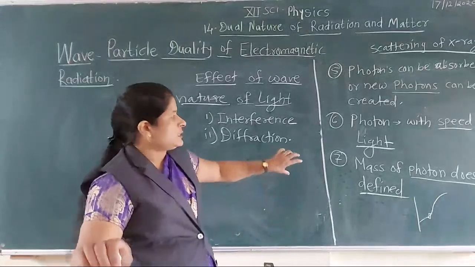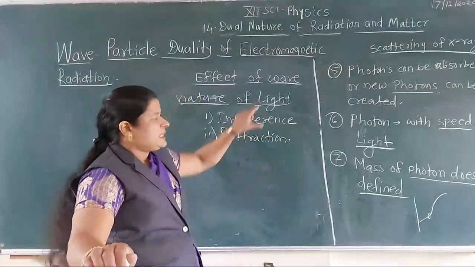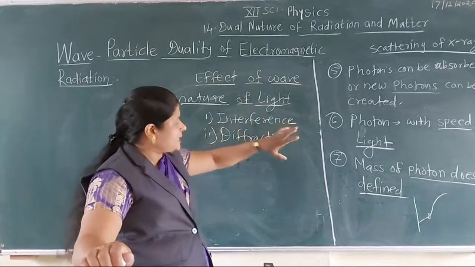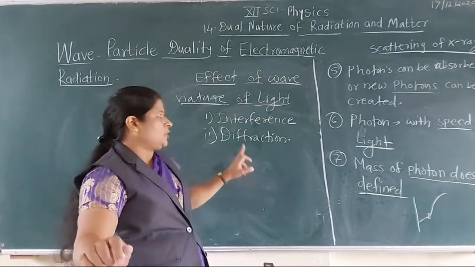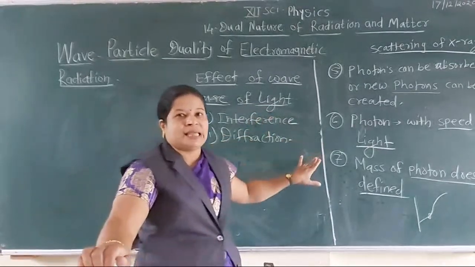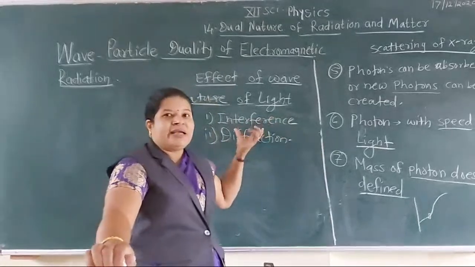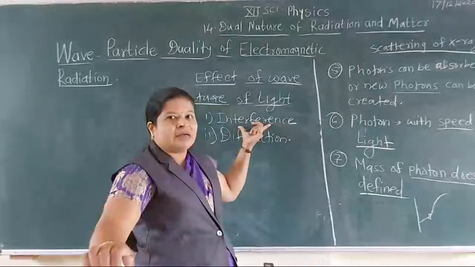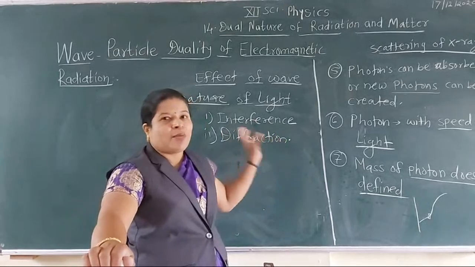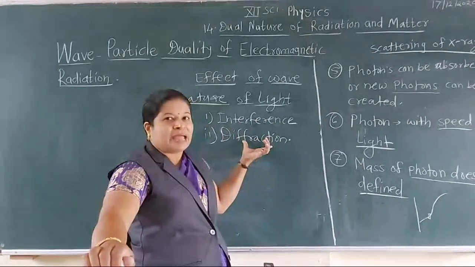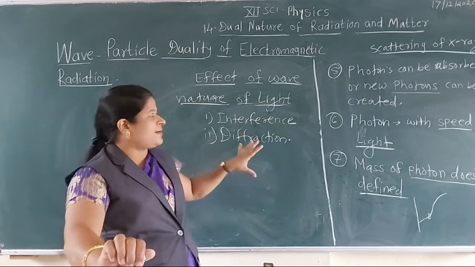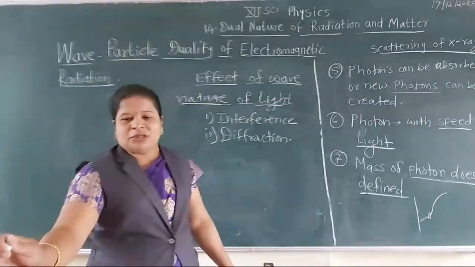Conclusion of this chapter: light has wave nature, and this can be proved by the experiments of interference and diffraction. These terms are studied in chapter number 7, when we studied Young's double slit experiment. By this experiment we see that light shows interference and diffraction. That means light has wave nature.